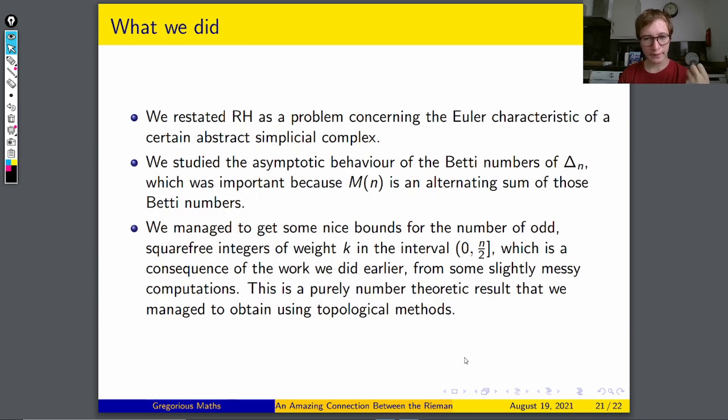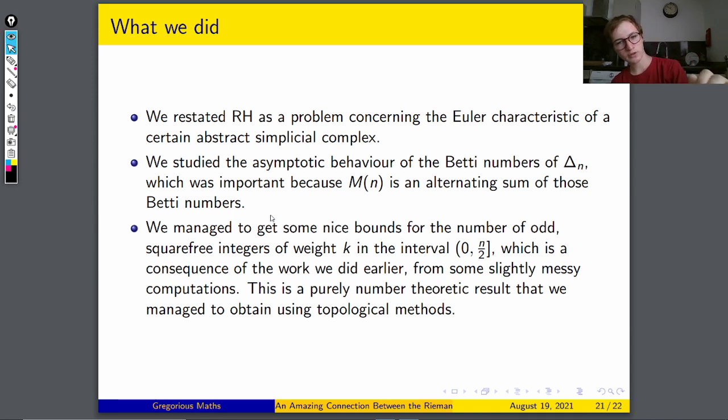So finally, what have we done? Well, firstly, we restated the Riemann hypothesis as a problem concerning the Euler characteristic of a slightly artificial abstract simplicial complex. If you'll recall at the very start, we realized that the growth of the Mertens function is really important.